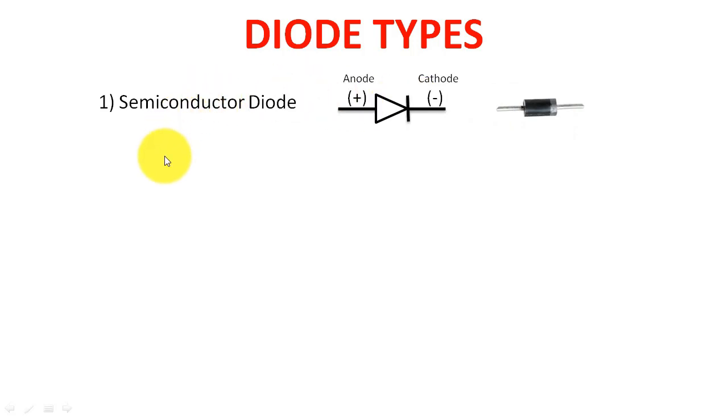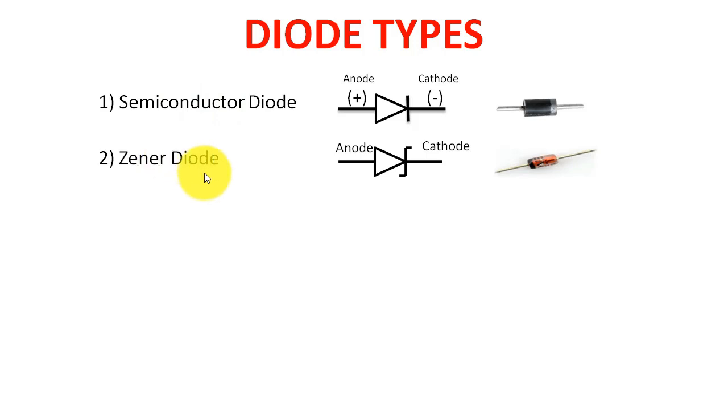Then we will discuss the Zener diode. The Zener diode is also anode to cathode, the same way, but there is a difference. A Zener diode produces a fixed voltage. All Zener diodes are fixed, and the Zener voltage decides how much voltage will pass.